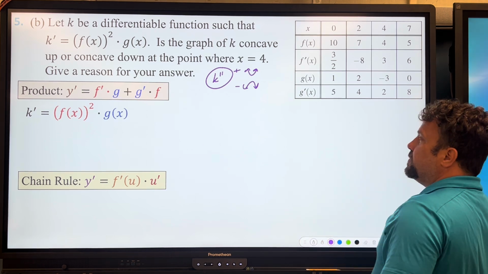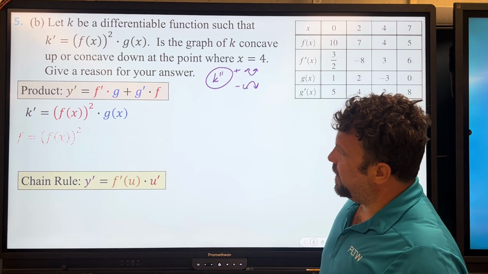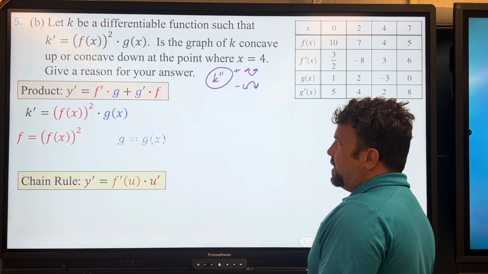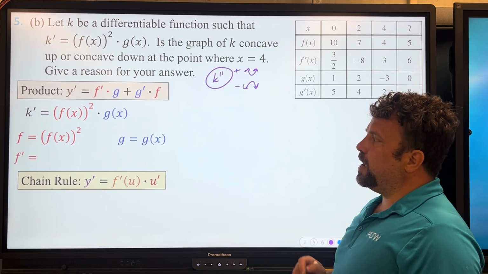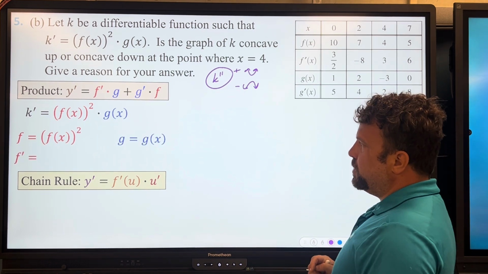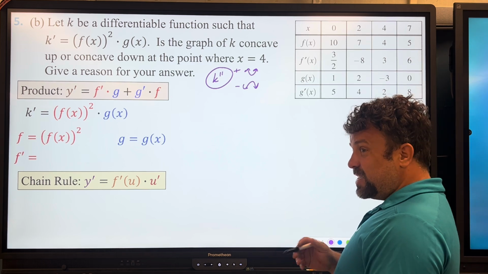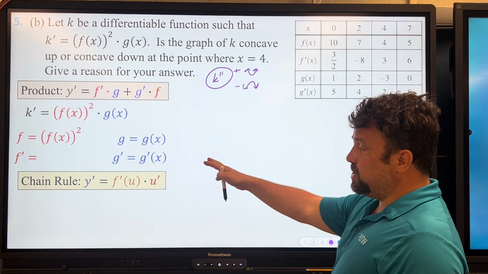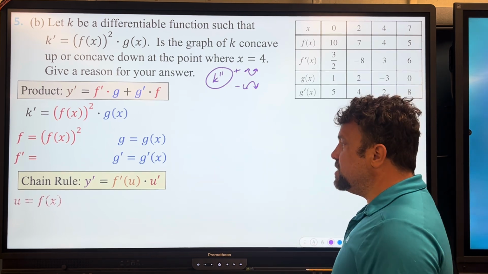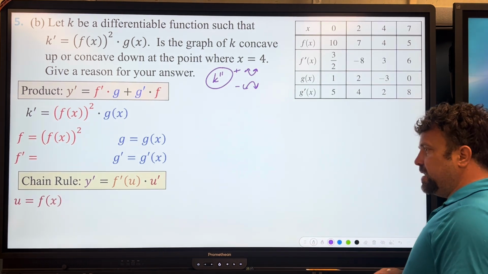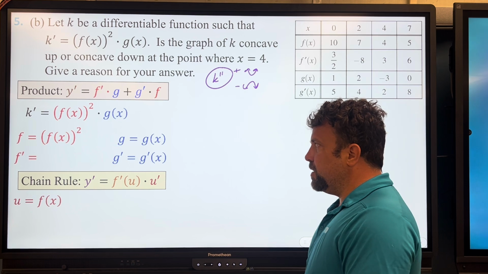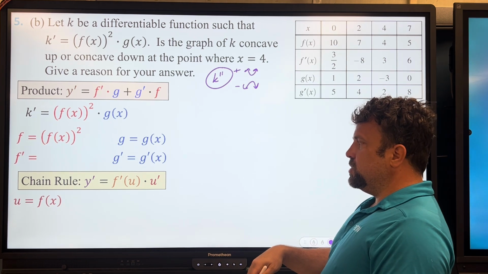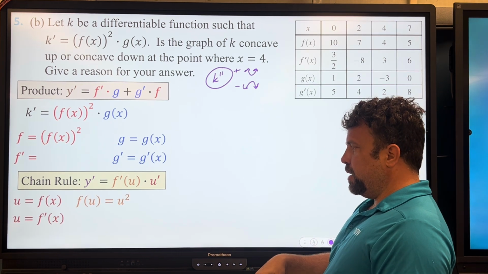All right. So the first thing, your F is f of x squared. Your G is g of x. Now when you find your F prime, you're going to have to use your chain rule. When you use your chain rule, it gets a little tricky now with all the f's and the f of x's. Your g prime is g prime x. That's easy. Using the chain rule, though, your u is your inside, which is your f of x. Your f of u is u squared. All right?